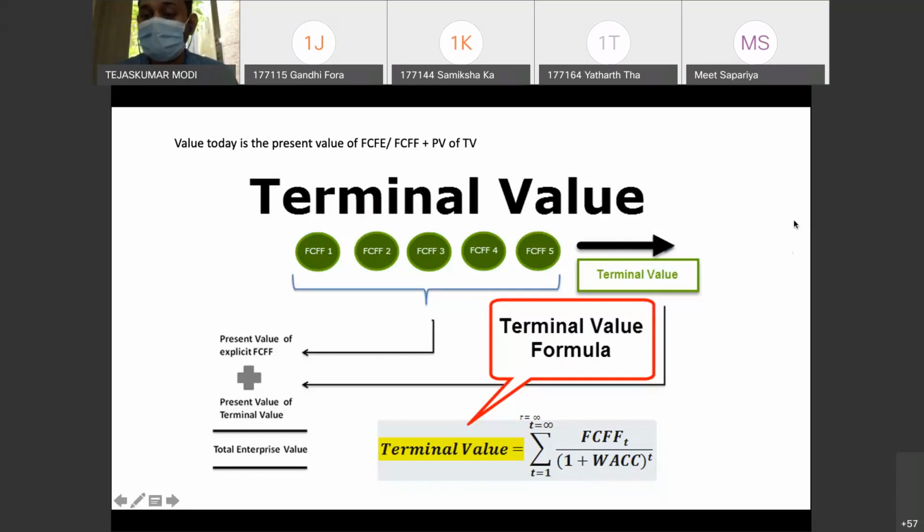So then you calculate terminal value, and terminal value captures the value of all the future expected cash flows at this horizon period.